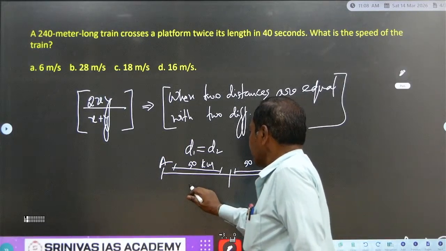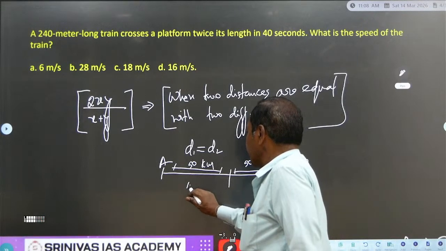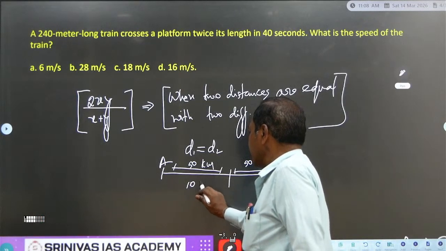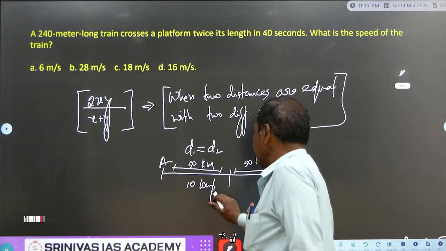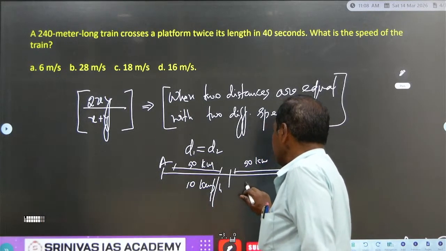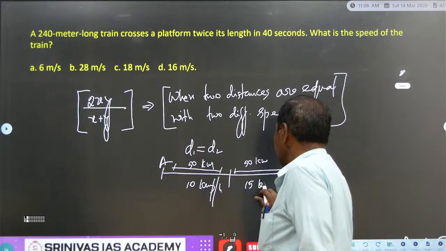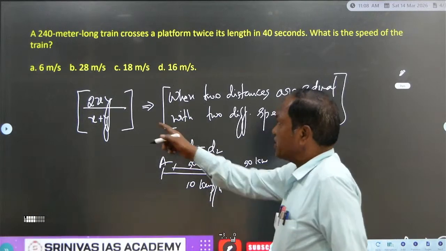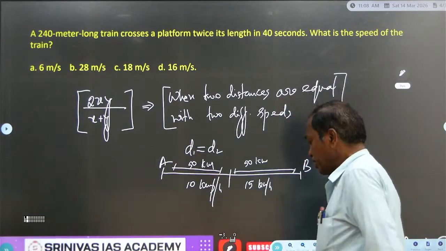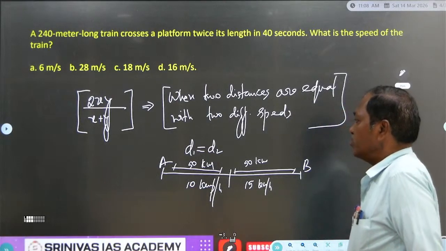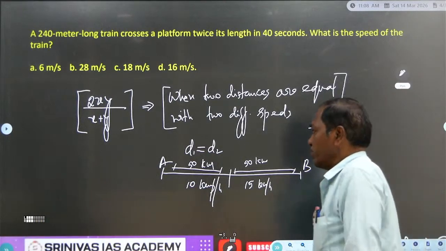This is at, like, 10 kilometers per hour speed, and this is 15 kilometers per hour. Then 2xy by x plus y should be applicable. Two equal distances. This is one way.